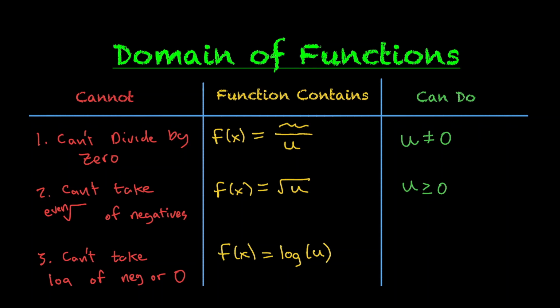I need to make sure what's inside there is strictly greater than 0. It can't be negative and it can't be 0, so that means that it has to be positive. So are there any other things that we can't do in math? Well, in algebra, typically this is it. Okay, now you might see some other things when you get to trig, specifically with inverse trig functions, but those will be defined explicitly in those classes. So with that being said, let's dive into some actual examples of how to apply these concepts.